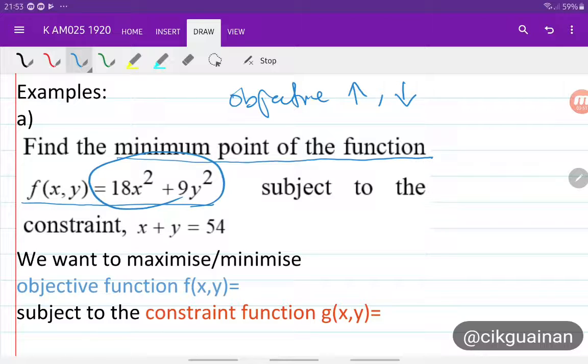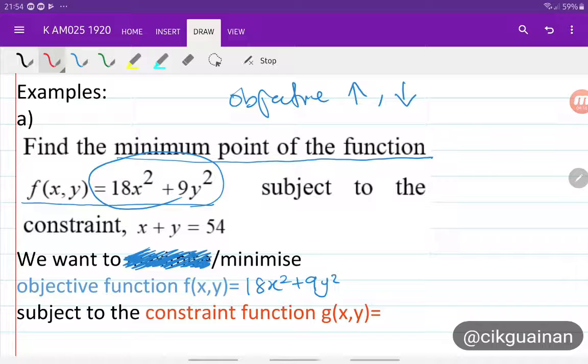Clearly, this is our objective. So this 18x squared plus 9y squared is our objective function, because we want to minimize this function f(x,y).